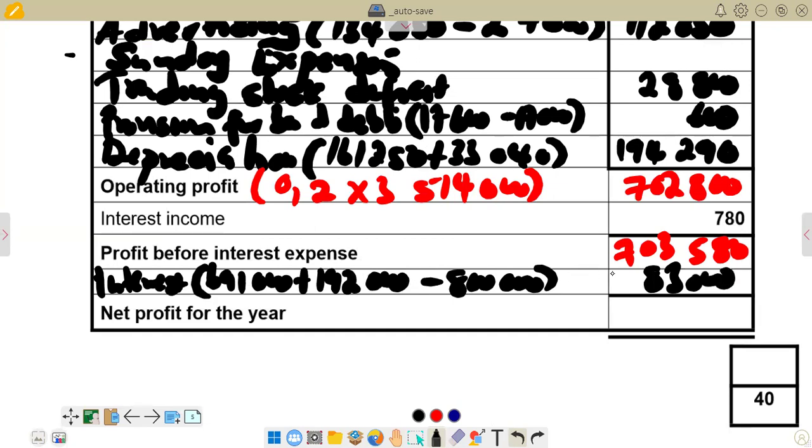And remember, we are subtracting, so we put it in brackets. So you're going to say 703,580 minus 83,000. Then you get your figure for net profit for the year, which is 620,580. So this is our final figure for net profit for the year.